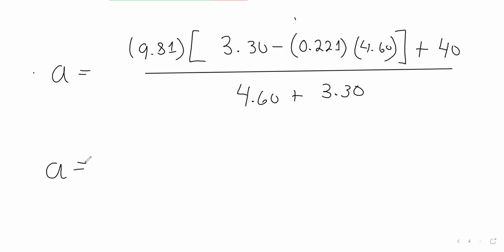The numerator becomes about 62.4, divided by the denominator. So that's 62.4 divided by 7.90, and we get about 7.90.